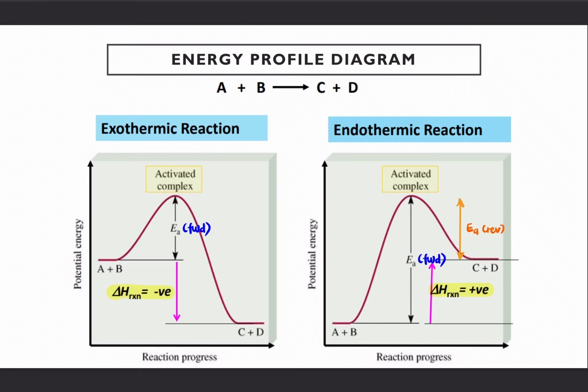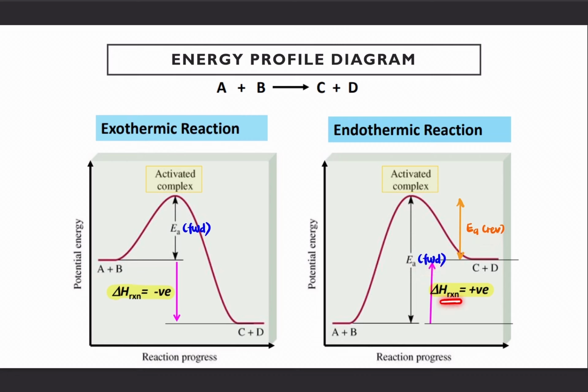Alright? So basically, if you want to find the reverse activation energy for endothermic reaction, your forward activation energy will be lower than your reverse activation energy.